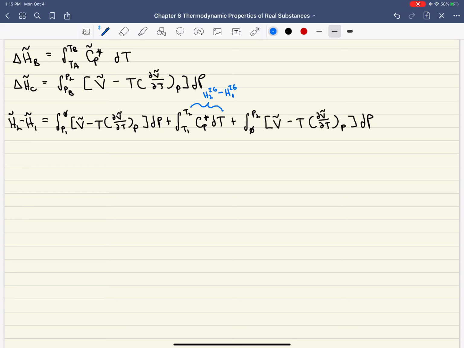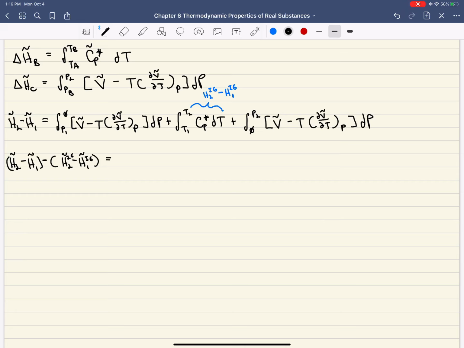Okay? And so for demonstration purposes, I'm going to move this to the left-hand side for a bit. And so what we'll have on the left-hand side is our real H2 minus our real H1, put that in parentheses, and then that difference, we're going to subtract off of it the difference between the ideal gas versions of H2 and H1. Okay?